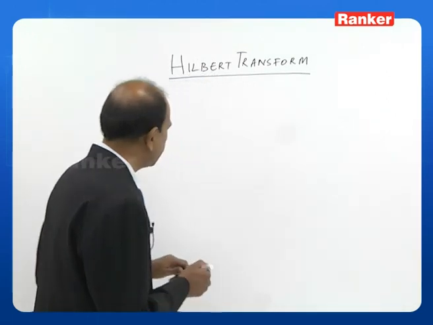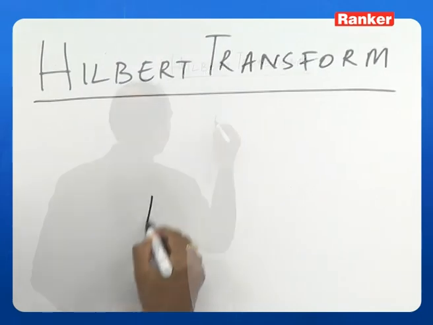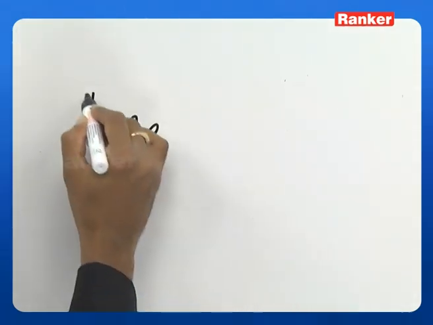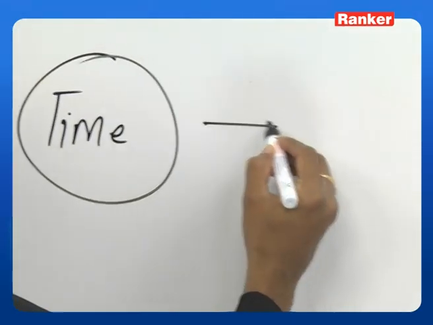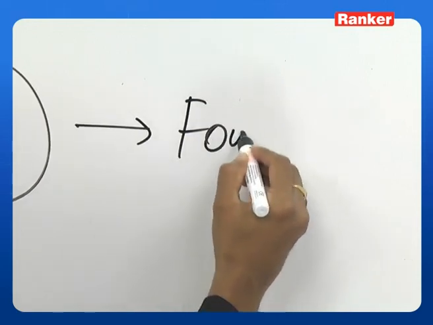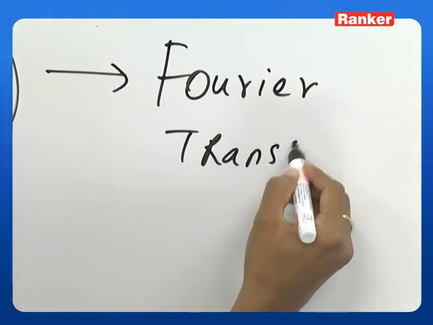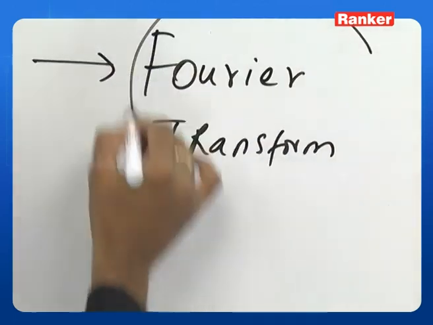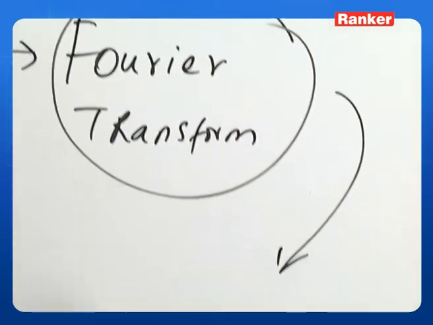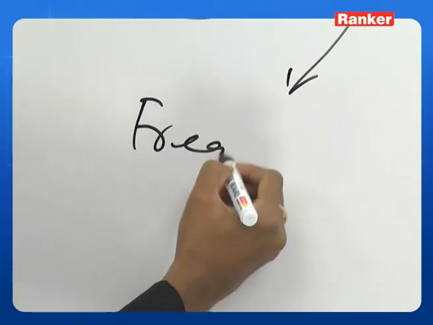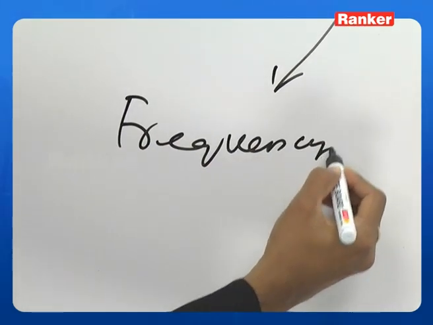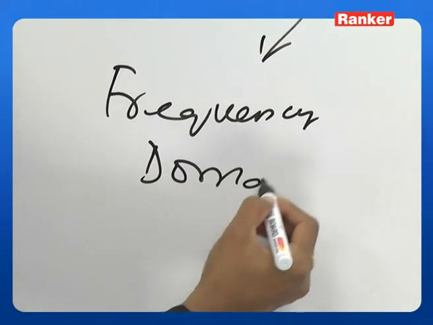So, if you see here, I have a time domain signal. We apply a Fourier transform to it. Then what I will get is frequency components, or a frequency domain signal.